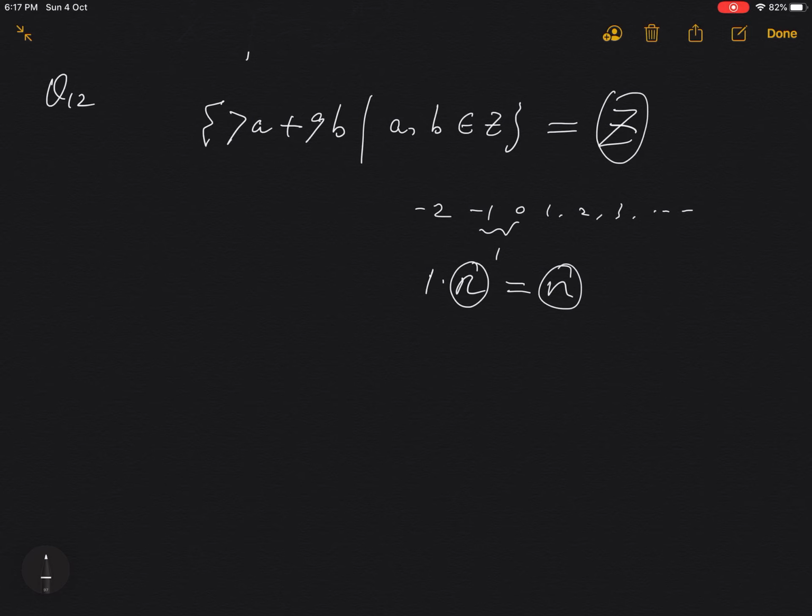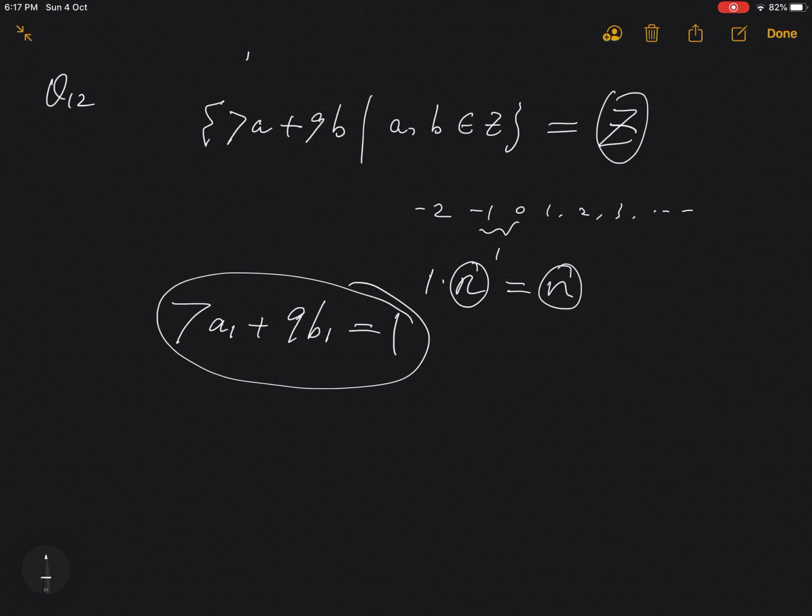So what if we can find 7a1 plus 9b1 equals 1? Then we can use this expression to express an integer. If a1 is minus 5, b1 is 4, then this equation holds.